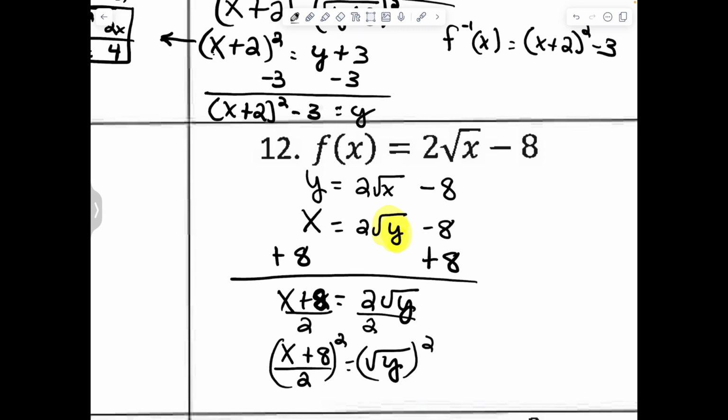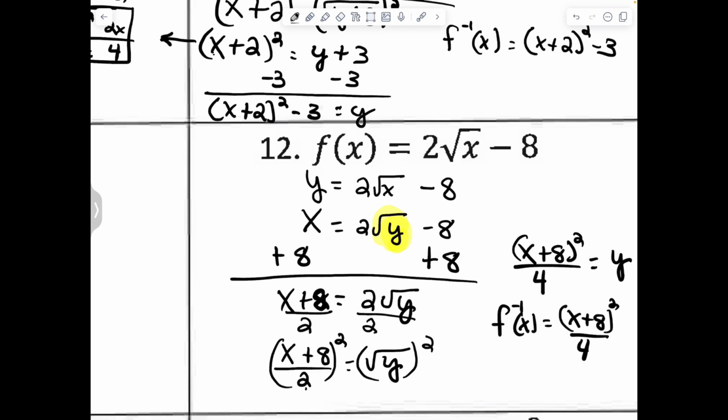I have to square the entire thing, so I'm going to have x plus 8 squared, and 2 squared is 4, equal to just y. So writing it in function notation, I get x plus 8 squared over 4.